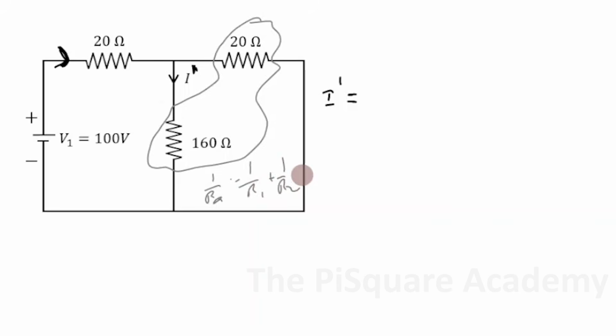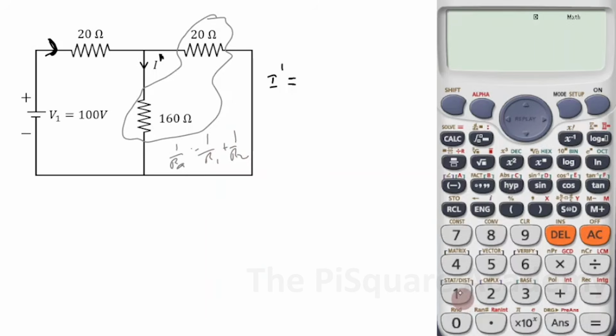Simply use your calculator: 160 inverse plus 20 inverse, whole inverse. Why am I doing the whole inverse? This is 1 by R equivalent, I want R equivalent, so again take the inverse. You will get 17.77 ohm as this equivalent resistance.